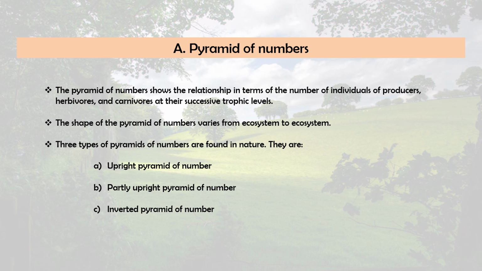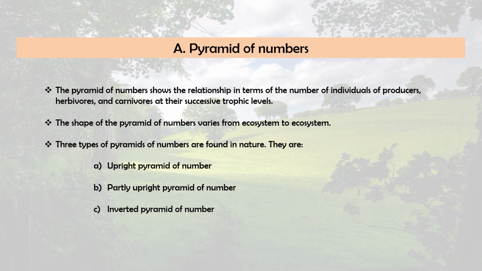And the shape of the pyramid varies from ecosystem to ecosystem because in some ecosystems there may be the amount of producers larger than the consumers, but in some ecosystems there may be the amount of producers less than the consumers. So this will give basically three types of pyramid. First one is upright pyramid of number. Next is partly upright pyramid of number. And last one is inverted pyramid of number.